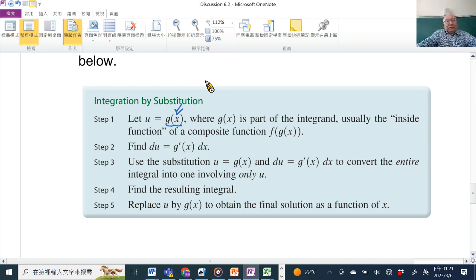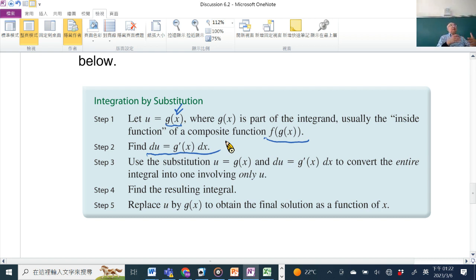So consider some function of x, say g of x, substituted by a character named u. This part should be in your integration in the form of a composite type, something already in your integration terms, with a very obvious part that you can recognize right away.